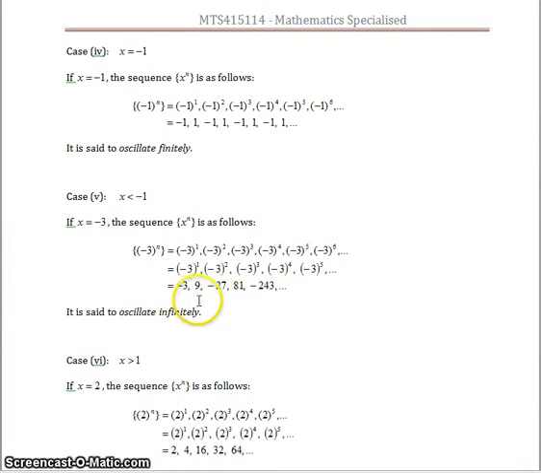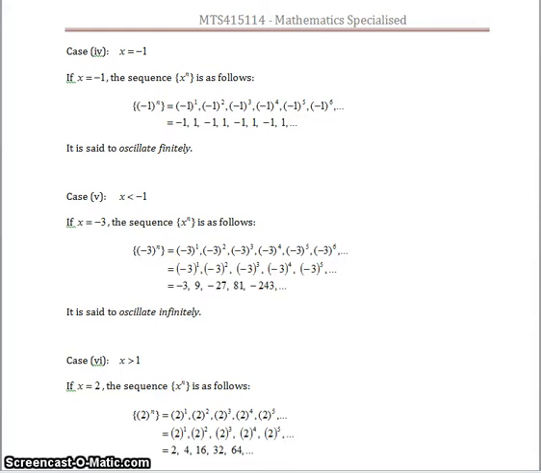It's oscillating and the numbers are getting bigger, either positive or negative, and so this is said to oscillate infinitely, because in one direction it's diverging to positive infinity and other terms are tending to diverge towards negative infinity. So that's to oscillate infinitely.